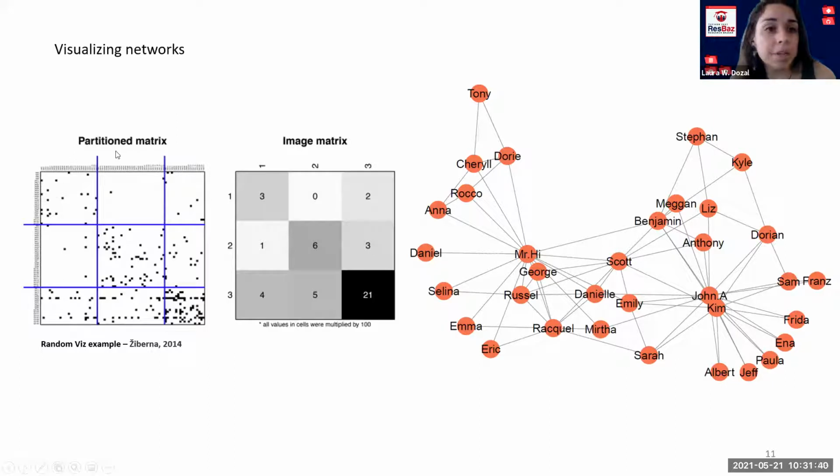We have a partition matrix, which shows how actors are connected to other actors, not a scatter plot exactly, but it shows better where things cluster and where there are more relations happening. An image matrix uses the same concept, but simplifies it so that it's more blocked.